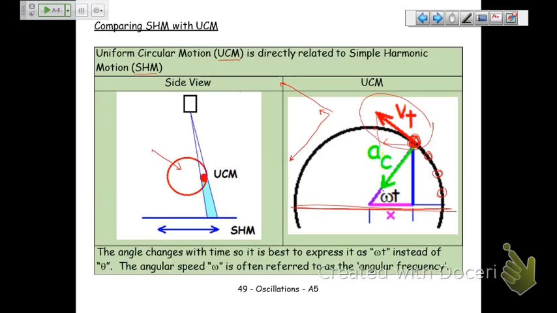Okay. So the issue is we've got to represent our angle in terms of time. Now we're used to measuring angles in degrees. And the problem with that is degrees are completely made up. 360 degrees is completely made up. If a space alien comes down, they won't know 360 degrees. Historically, this comes out of, I think, basically Mesopotamia.